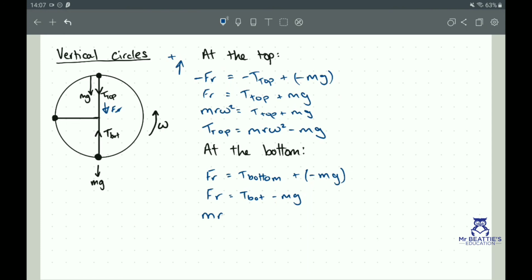So we substitute in mr omega squared is equal to the tension at the bottom, take away mg. And if we rearrange this to work out the tension, T bottom is going to be equal to mr omega squared plus mg, okay? Showing that our tension at the bottom is going to be bigger than our tension at the top.